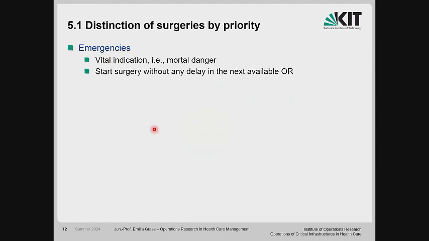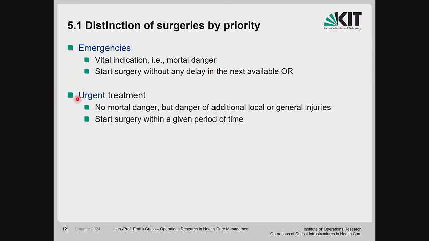Okay, then, as I said before, we also have to differentiate, as Sven said, also if we have an emergency call, not every patient has the same urgency, okay? And this is the same for surgeries. Of course, we could have the emergencies, so we have to start the surgery without any delay. Then we have urgent treatment that could wait for a given period of time, maybe 1 day.